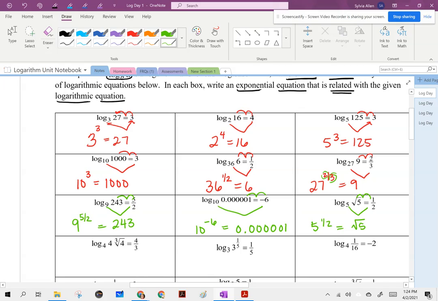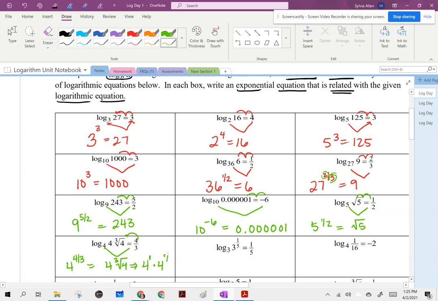Okay, the way that this works, 4 to the 4/3 power is equal to 4 to the 1st power times 4 to the 1/3 power.